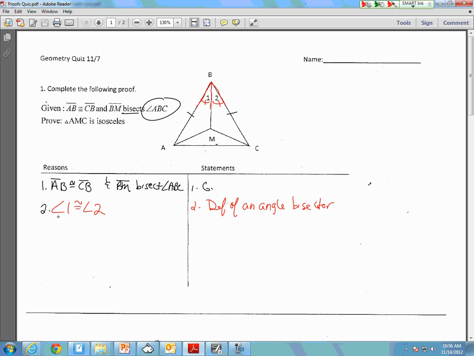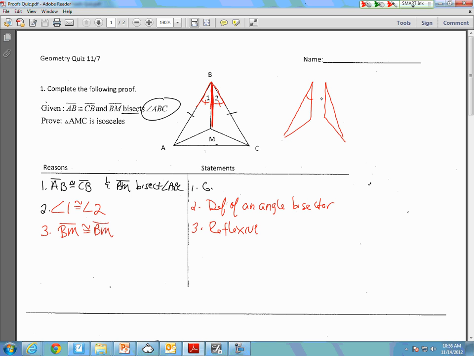So now I know angle 1 is congruent to angle 2. Looking at my picture, I also know that BM is congruent to BM. That's the reflexive property. So I've got that segment there congruent to itself. If you were to tear those two triangles apart, you'd have something like that.